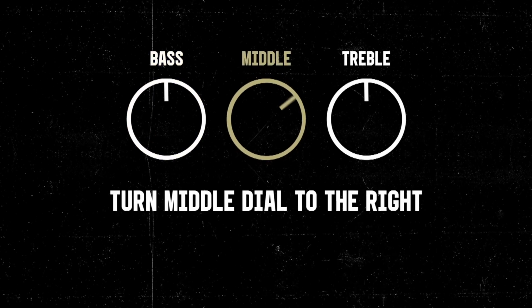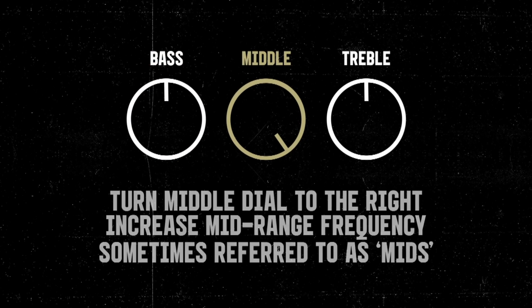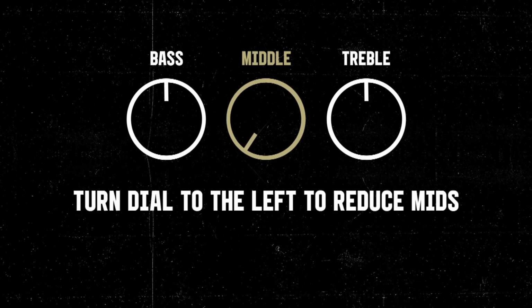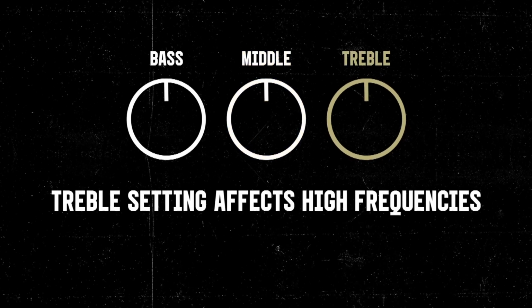When we turn the middle setting to the right, we increase the mid-range frequencies, sometimes referred to as the mids. Increasing these gives you a richer sound. Again, as we turn the dial to the left, we reduce the mid-range frequencies for a thrashy and gritty sound. Now we'll do the same with the treble setting, and this affects the high frequency sounds.